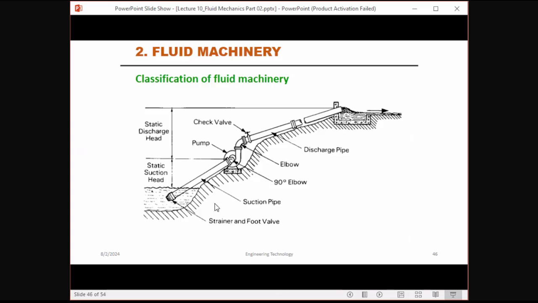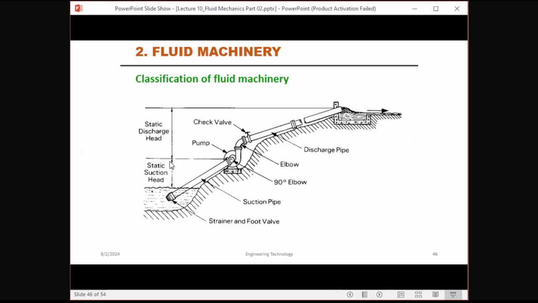Then this head you can get as the static suction head. This part, this vertical head. Not this angle height, you should measure this vertical head, the static suction head.